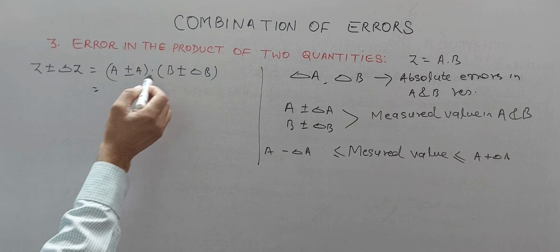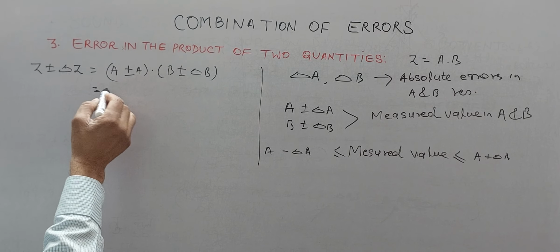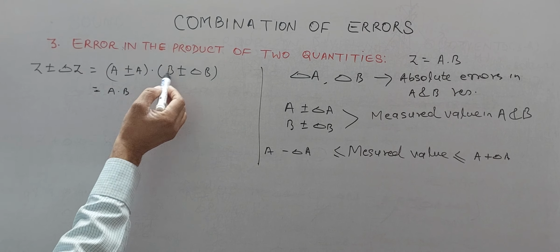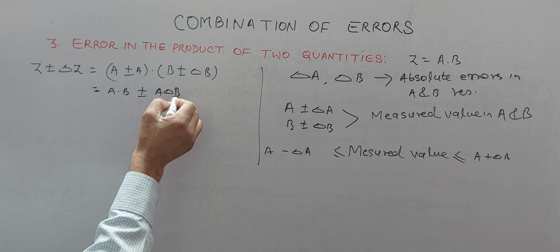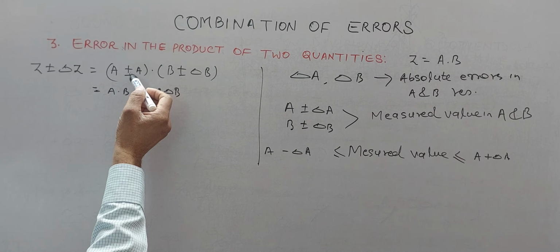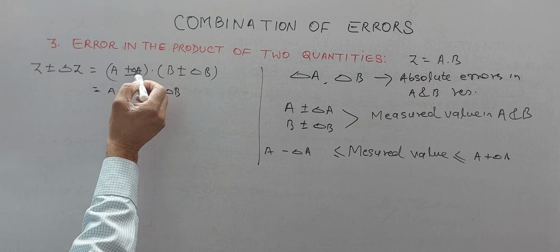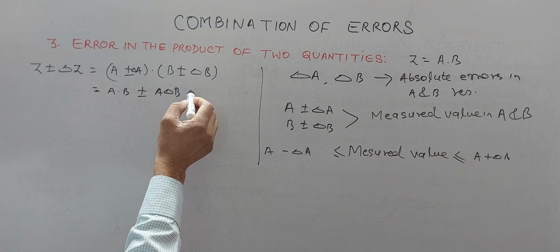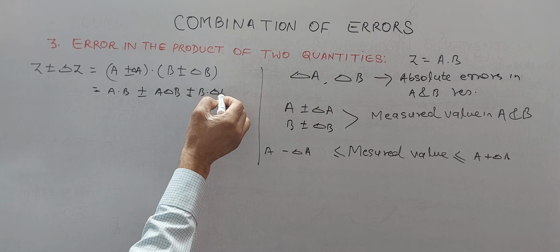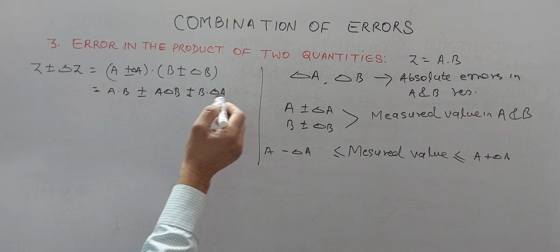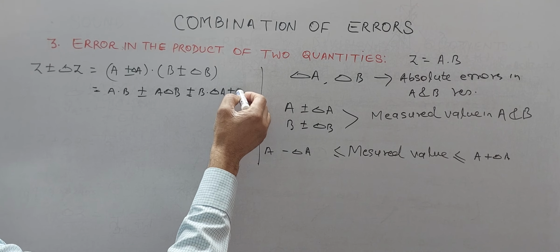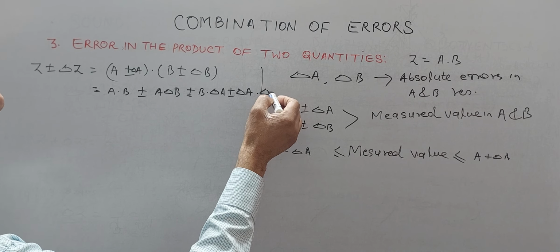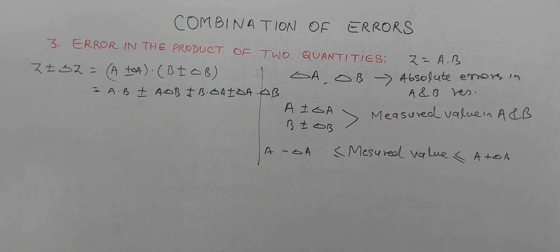First, A multiplied by B, plus minus A times delta B, and second, plus minus B times delta A, and plus minus delta A times delta B.